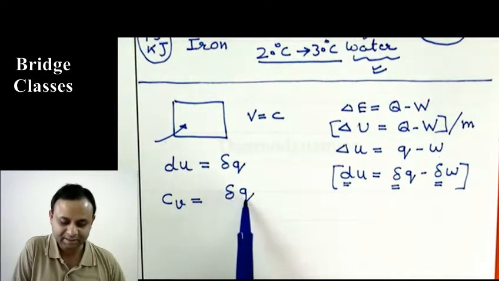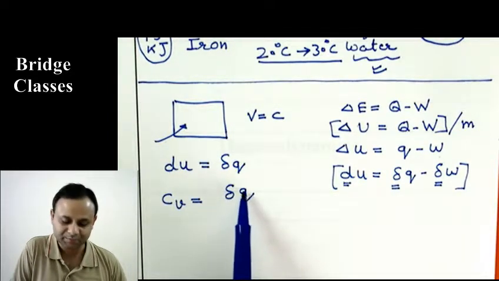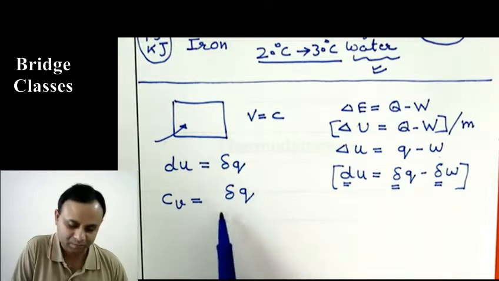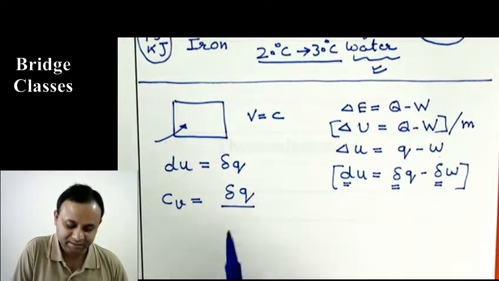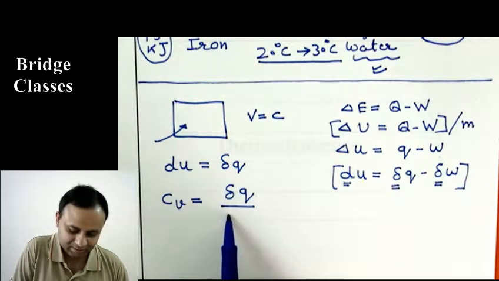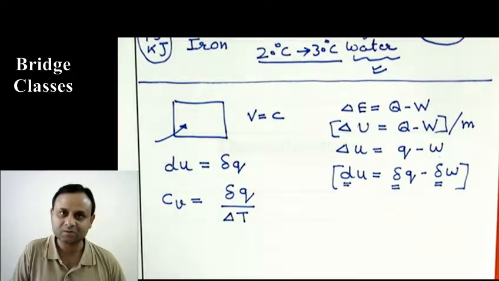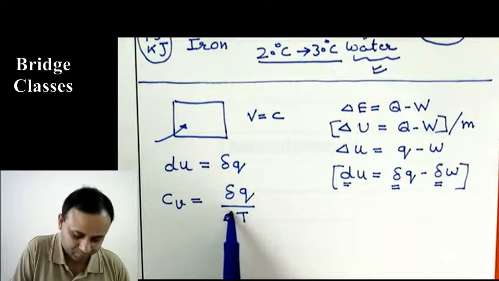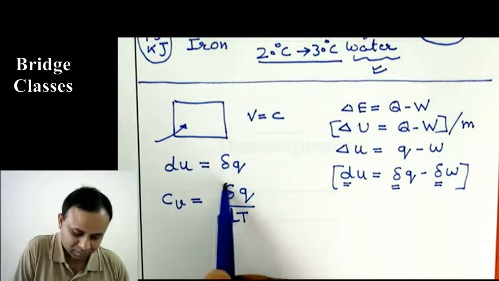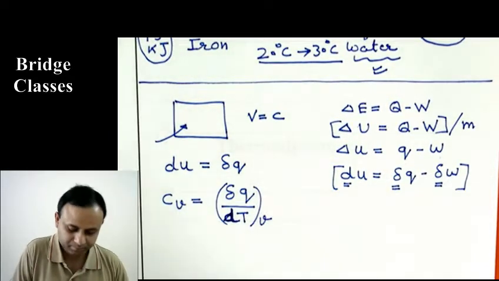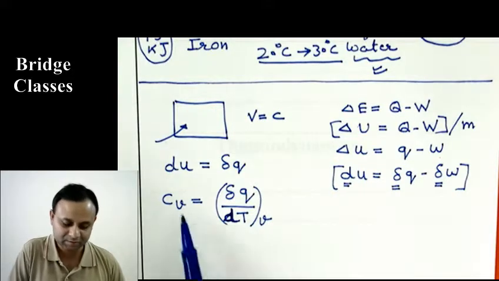Okay, so this is heat transfer per unit mass because this is lowercase q. Per unit rise in temperature, so I can write that as, say, if the temperature rise was delta T because of this heat addition, q over delta T, or say dT, at constant volume. Okay, that is the definition of CV.